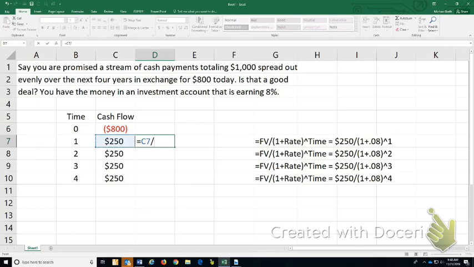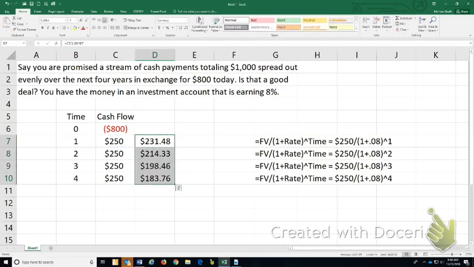So if I take the present value here, the present value of each of these payments added together gives me $828.03. That means that somebody's going to sell me something worth $828.03, and I'm going to get a bargain basement price of $800.